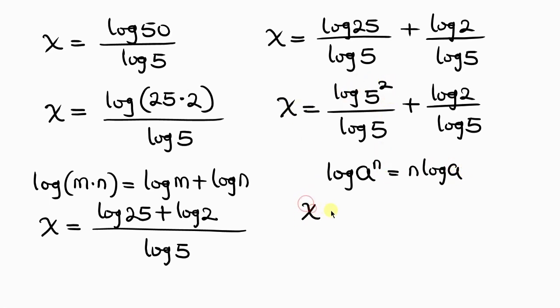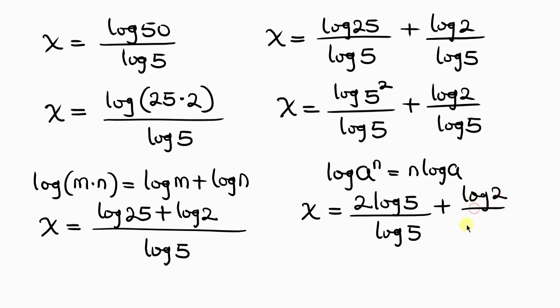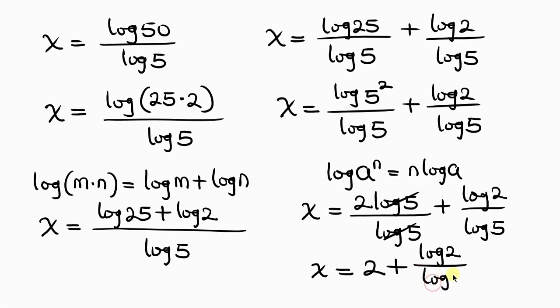So x will be equal to, this becomes 2 log 5 all over the denominator, which is log 5, plus this is log 2 all over log 5. Now notice that log 5 can cancel out log 5, so that we have x to be equal to 2 remains here. So 2 plus log 2 all over log 5.